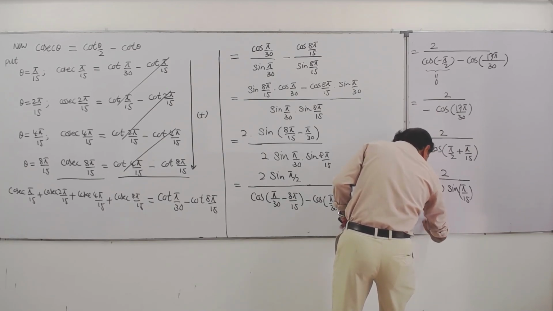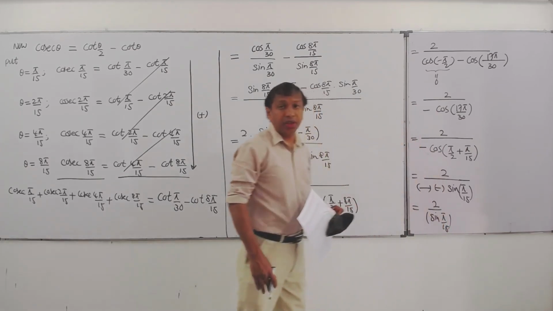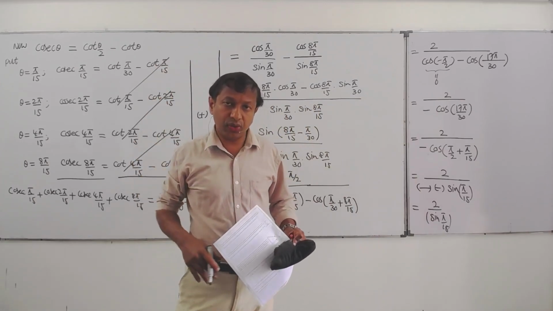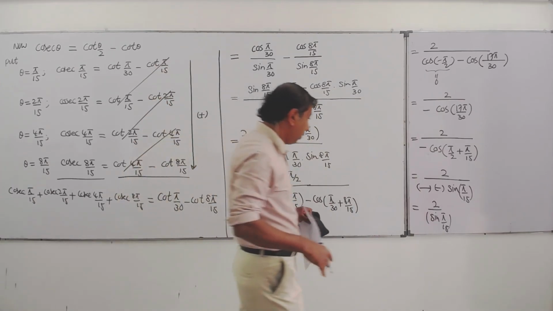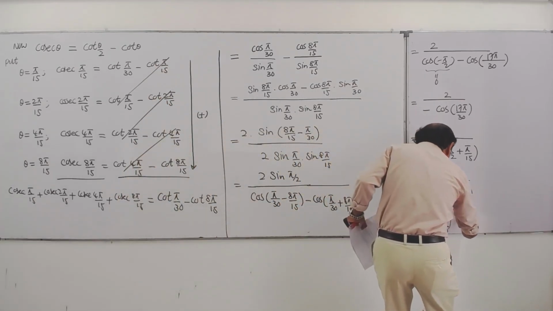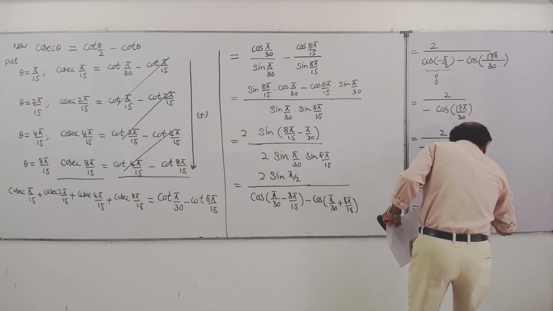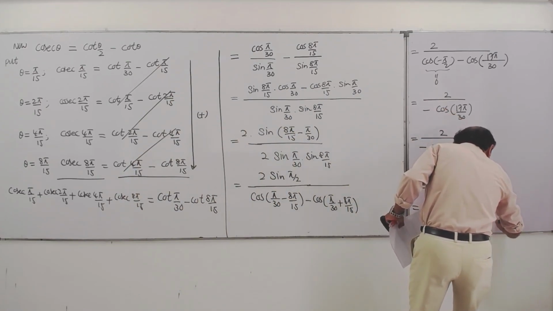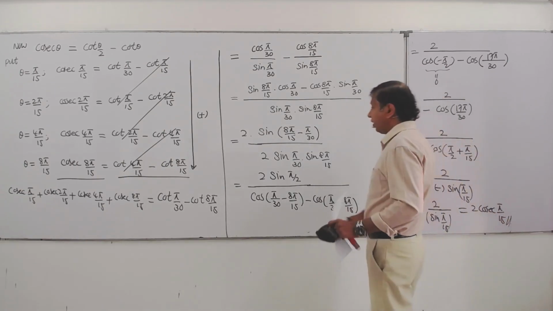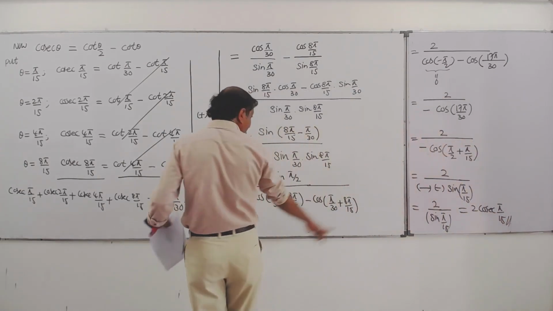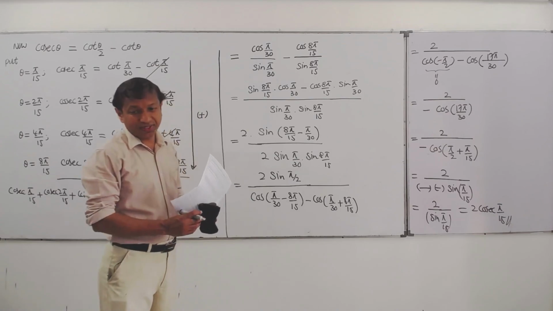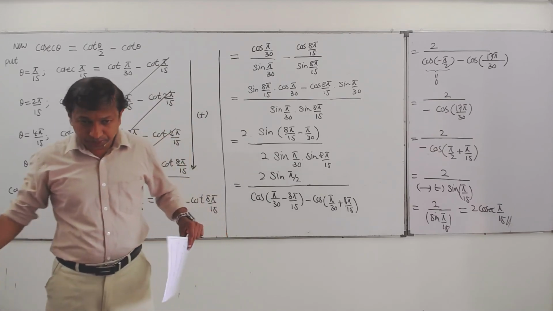Alright. This denominator sin pi by 15 means 1 over sin, cosec. Then we get 2 cosec pi by 15. Right. So that means, people, when you simplify this, that is the way of getting this answer, right? Correct, no? Yeah.